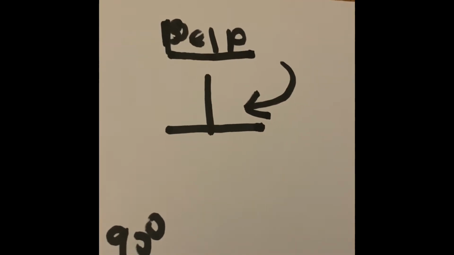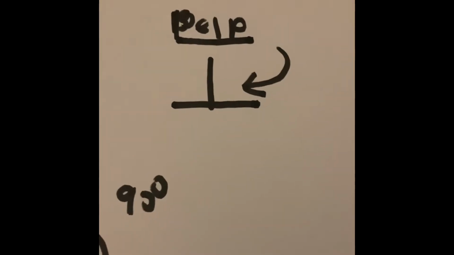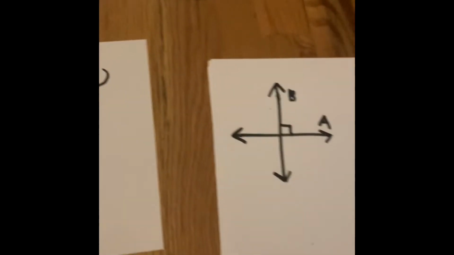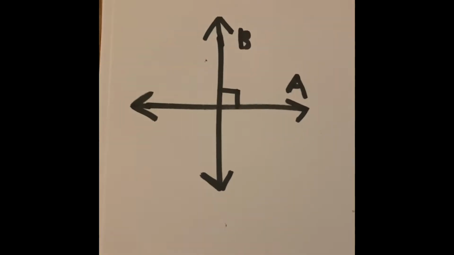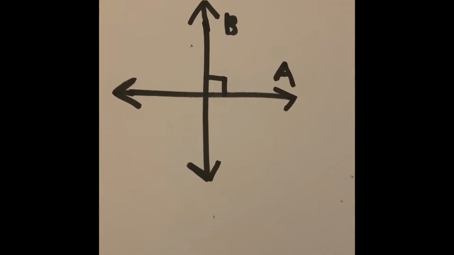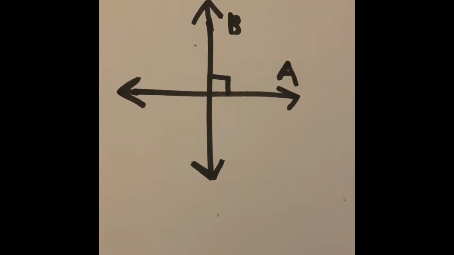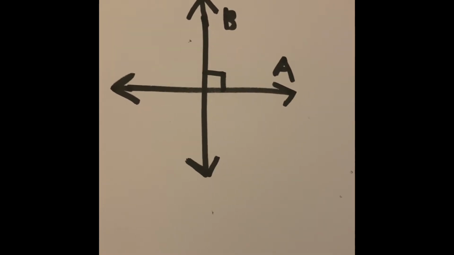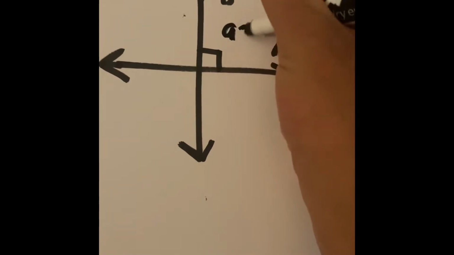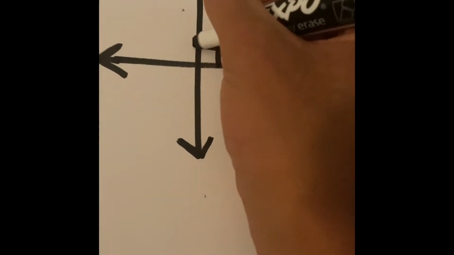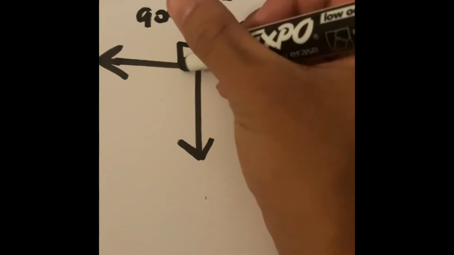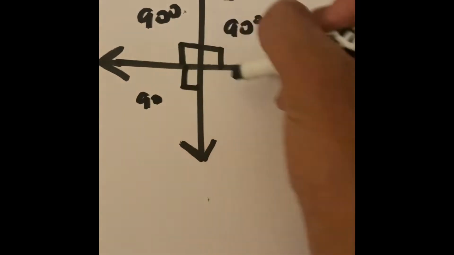Let's get started by using the symbol to identify a picture. Here's an example where we can use the symbol. We have a diagram with two lines that crisscross each other, and the square means it's 90 degrees. We could also say this side is 90 degrees, along with this side and this side.